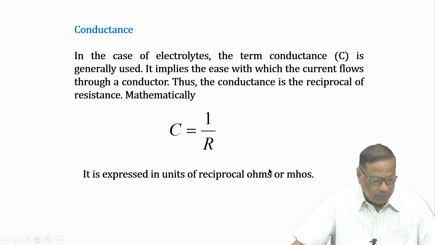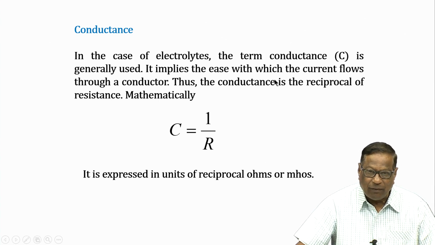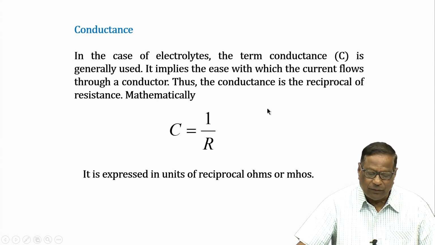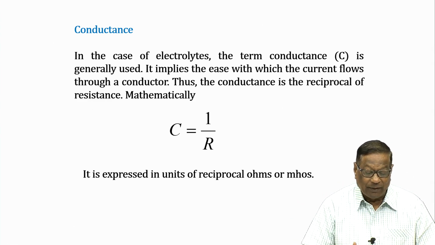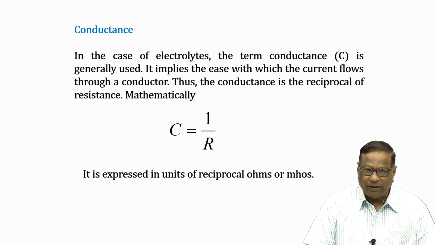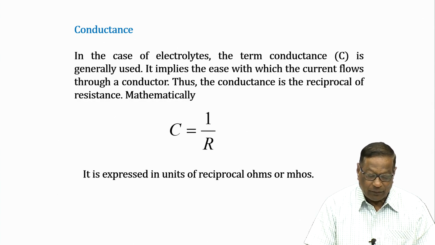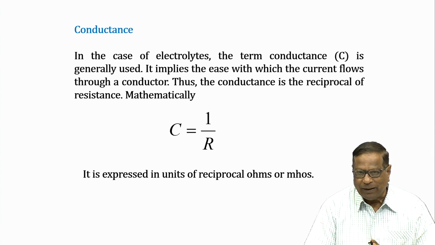Okay. So, in the case of electrolytes, we define a term called conductance, C, that is used generally. It implies the ease with which current flows through a conductor. Thus, conductance is the reciprocal of resistance. What is resistance? Resistance is the opposition to the movement of the electrons, and conductance is the ease of the movement of the electrons.